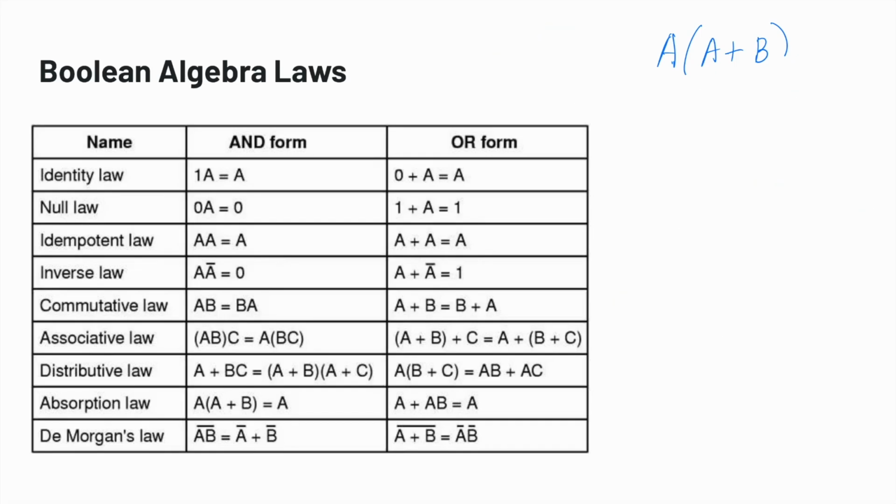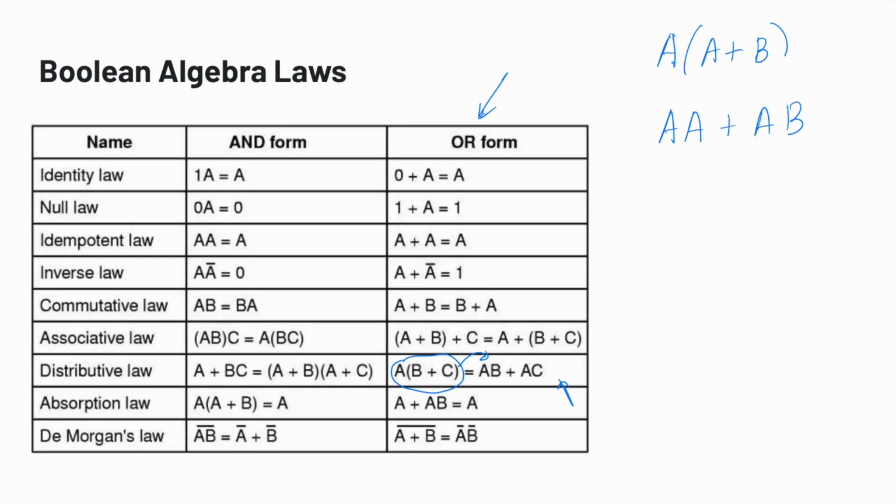So the first thing we're going to do is take a look at our table right here, okay? And we can use something called the distributive law. If you use the distributive law, we can see how an expression structured like this can turn into something else. So A and (A or B) could turn into AA plus AB.